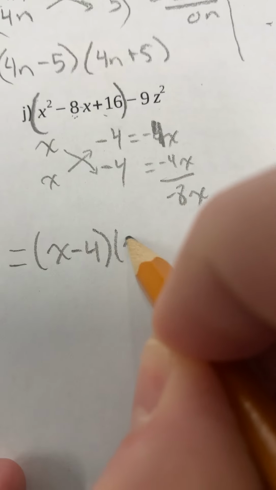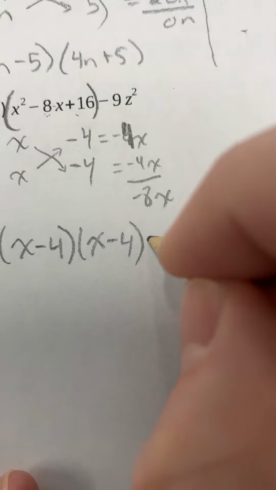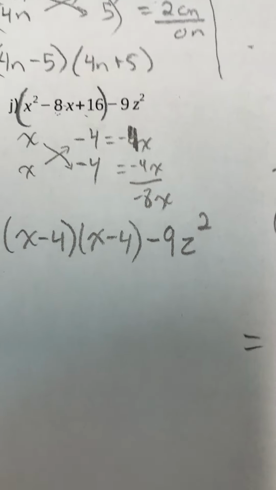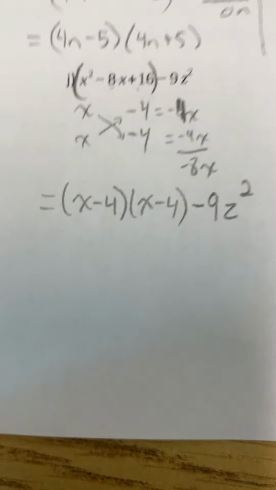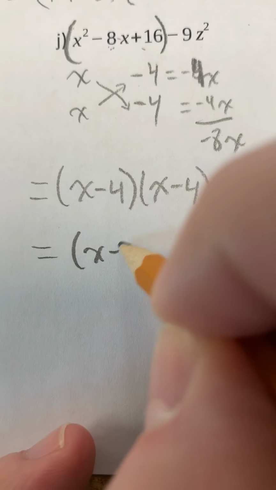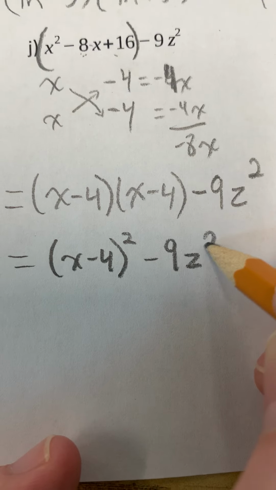So we have x minus 4, x minus 4, and then we have a negative 9z squared. Okay, so we're not finished there. So what we have now is x minus 4 squared minus 9z squared.